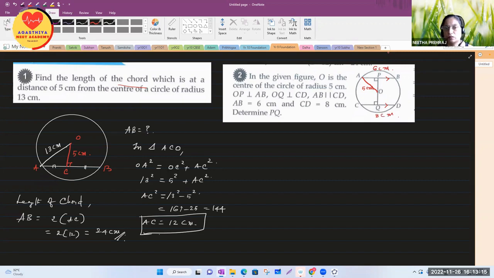Determine PQ. PQ is equal to what? Yes, guys, tell me what is the idea?